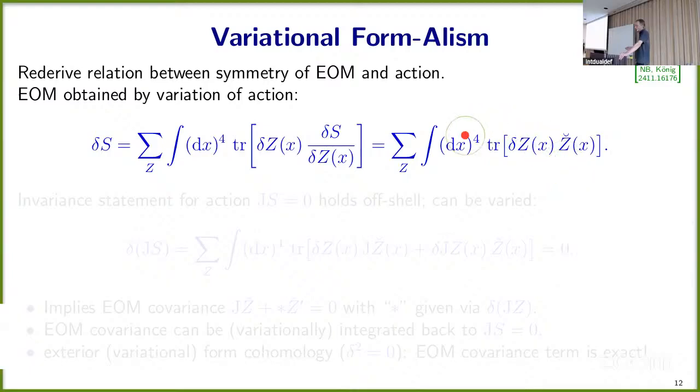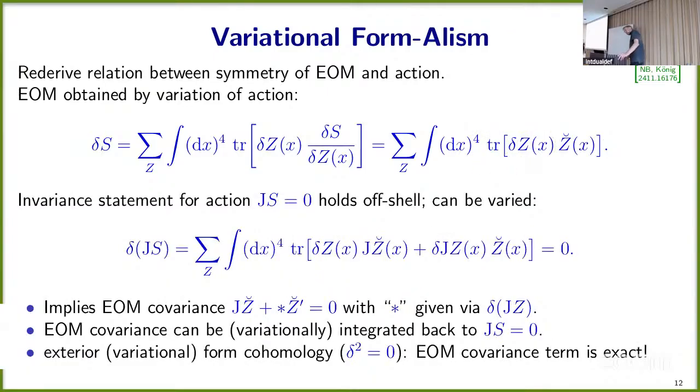So you see, the variation of the action gives you all the equations of motion times these variational forms. It's like a dx in ordinary differential forms, but here for variations in field space. So in that sense, the variation of the action summarizes all the equations of motion in this form.